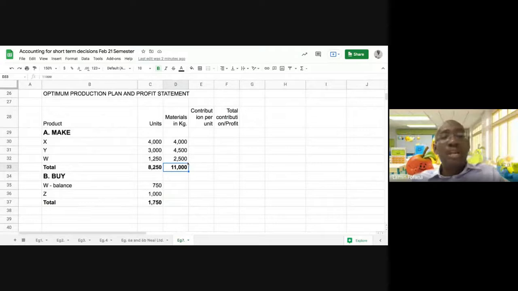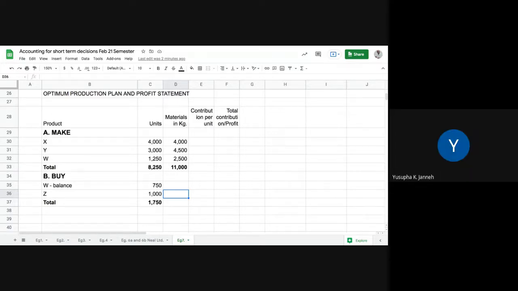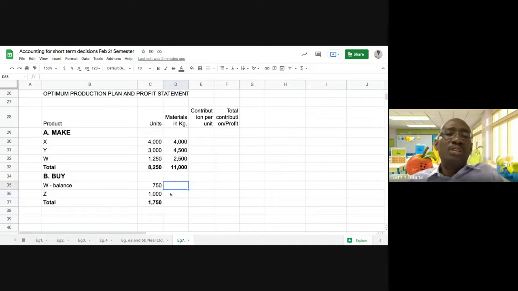Okay, so what we should do here is to calculate our profitability based on this plan. Is that clear? If we bring the units here or the kilogram here, it does not make any sense. It's not going to be of any benefit to us, because now what we are interested in is this.